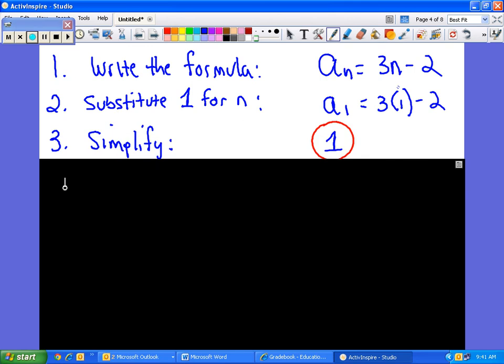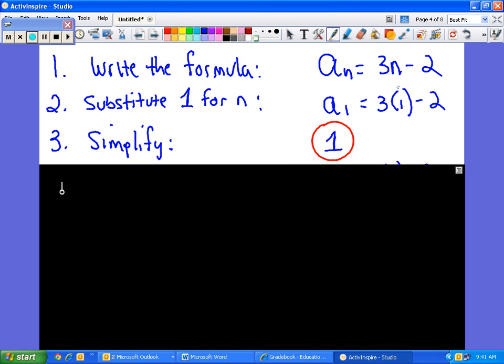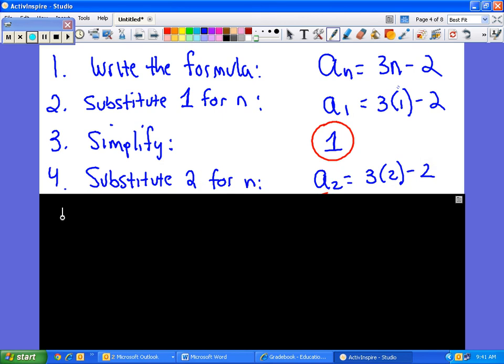You get 1. You do not have to circle it. The circle is there for illustrative purposes. Its reason for being will become clear in a moment. You do the same thing again, except this time with 2. In other words, what we're doing is generating the first 2 terms of the sequence by plugging in.